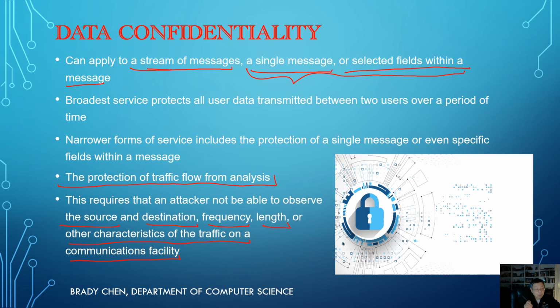One example of this is a VPN, the Virtual Private Network service. The VPN prevents the attacker from observing the source and destination, or from doing traffic flow analysis.